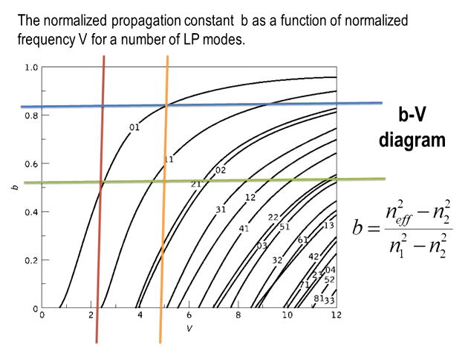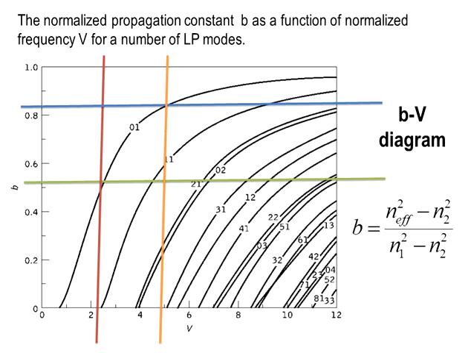So from this we can conclude, if V number is less than 2.405 and lambda is greater than lambda c, there will be single mode operation.